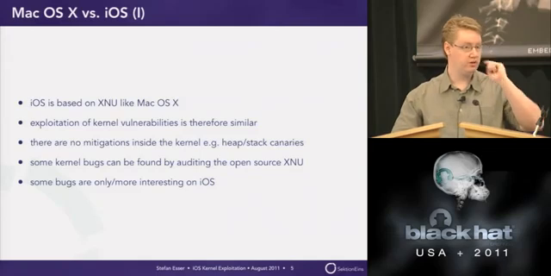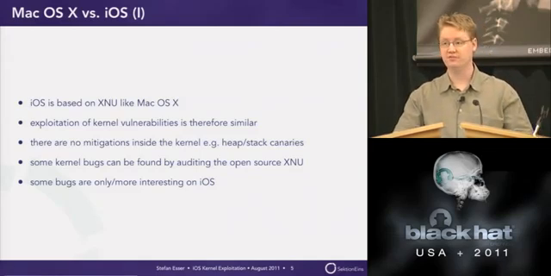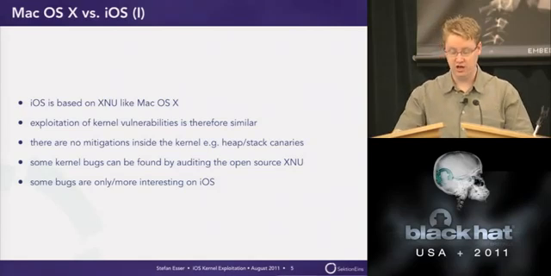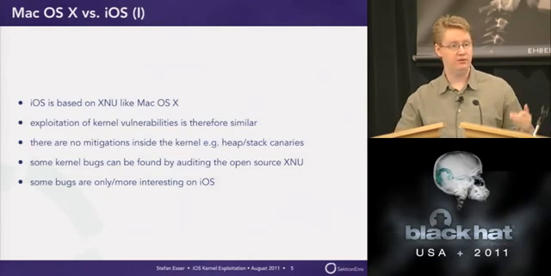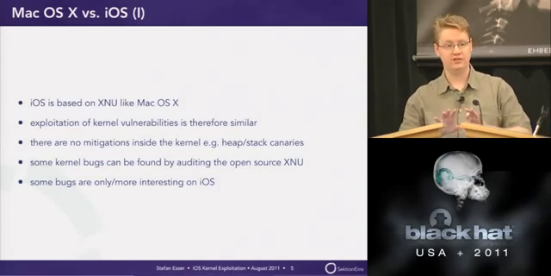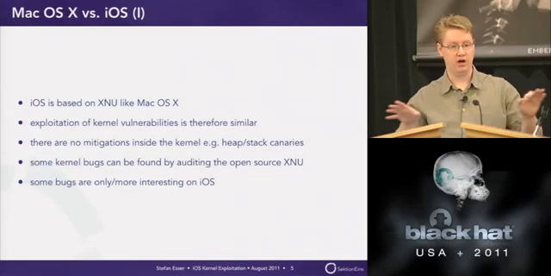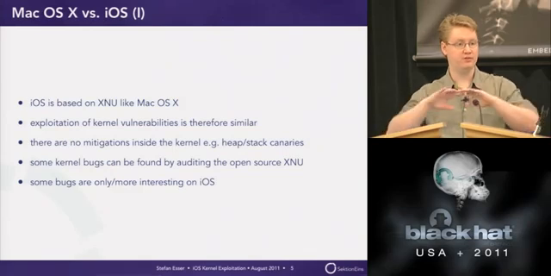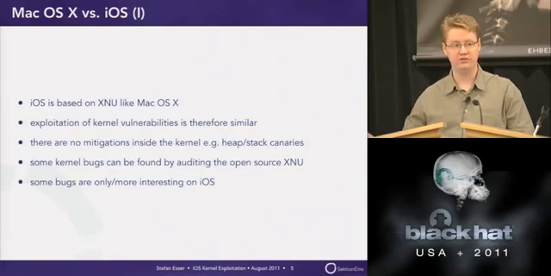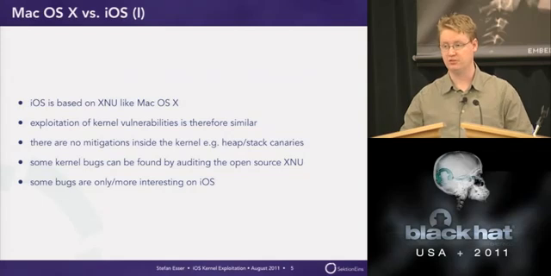When you look at the iOS kernel, you will realize that it's very similar to the macOS kernel, at least a large part of it, because the iOS kernel is based on the same XNU source tree as macOS. At some point in time they were branched, and sometimes branched back together, so they are very similar. The kernel drivers are a different thing, but the core kernel is more or less the same.